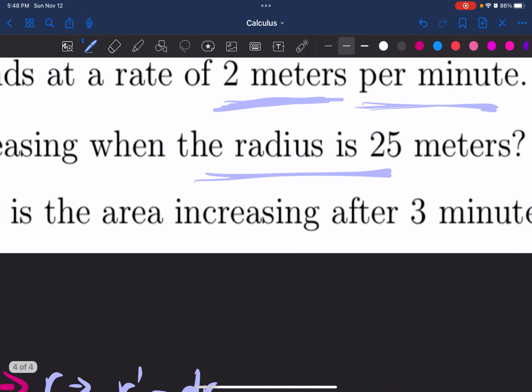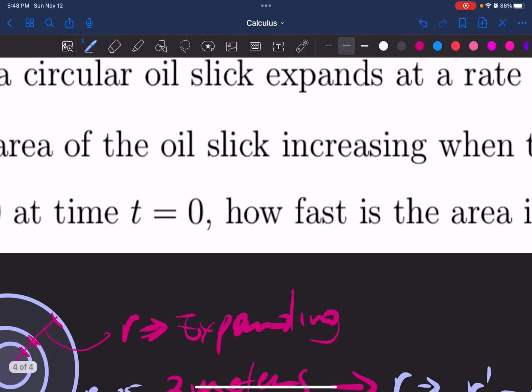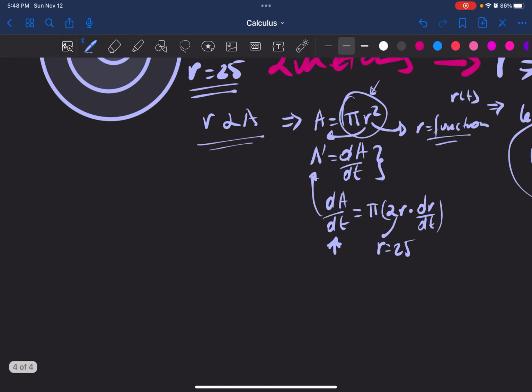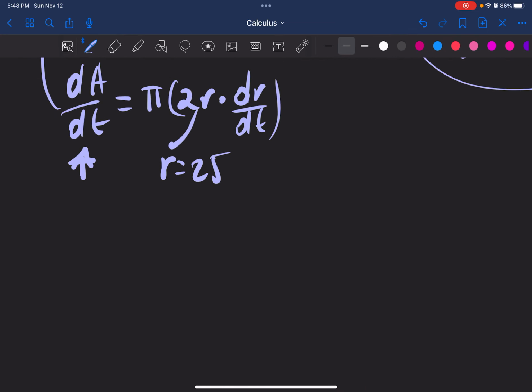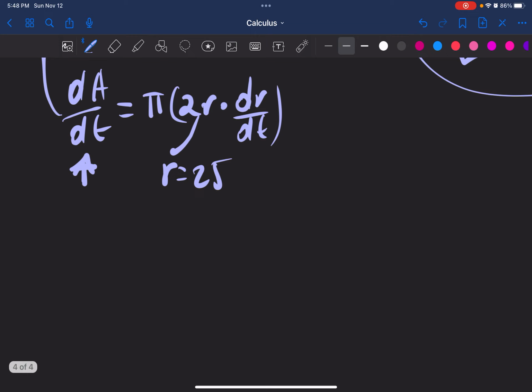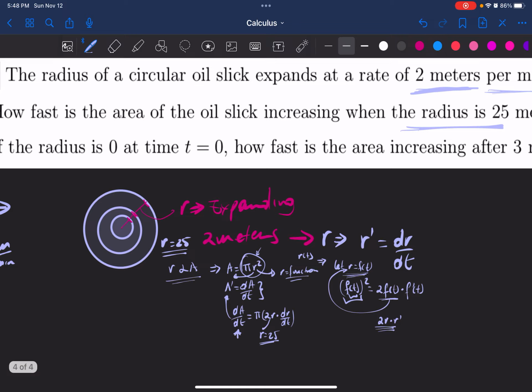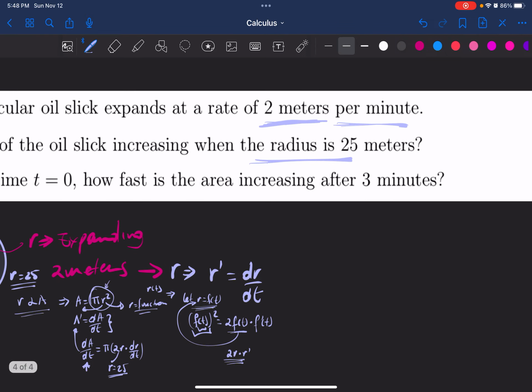So here, when the radius is 25, how fast is the area changing? With all of this information, I can find what dA/dt is. I know that my r is 25, and I remember that dr/dt, the first thing we found, was 2 meters per minute.